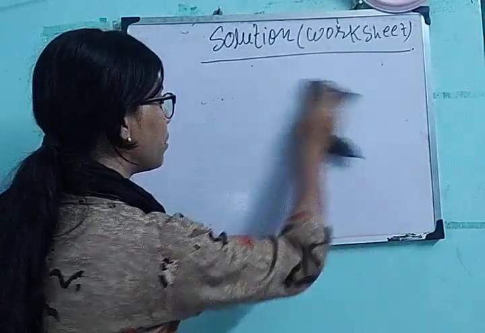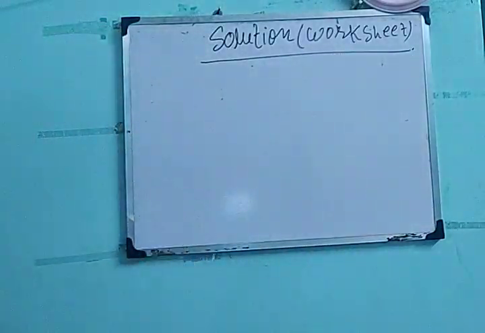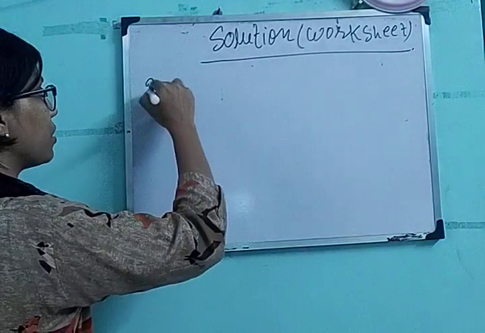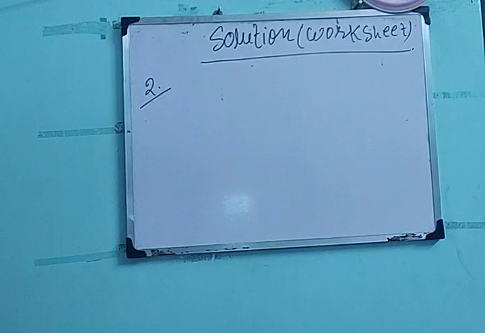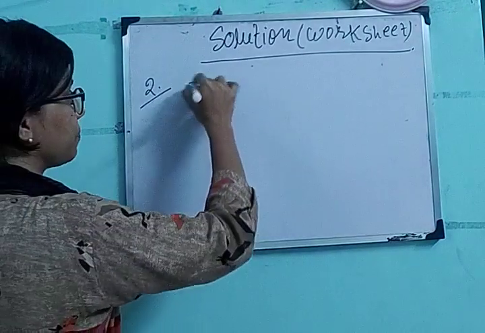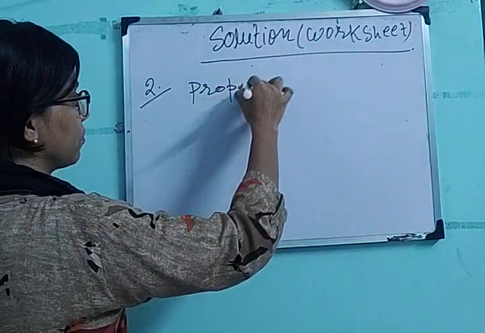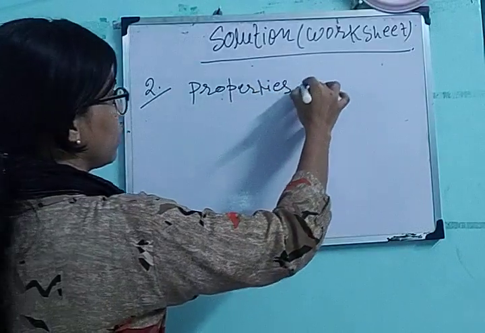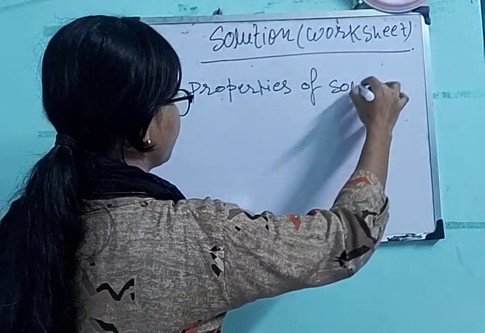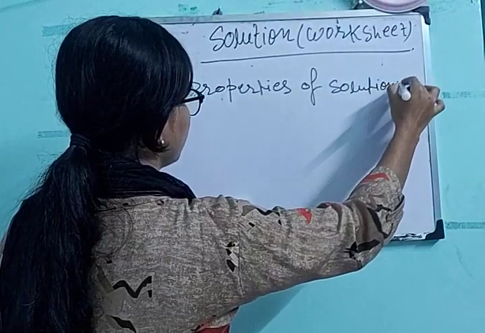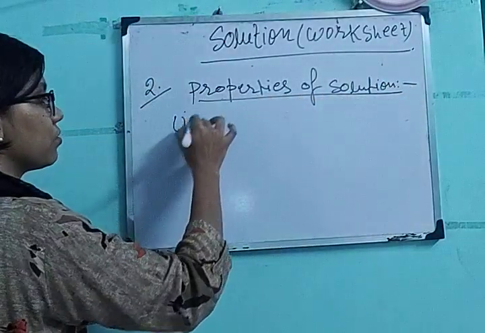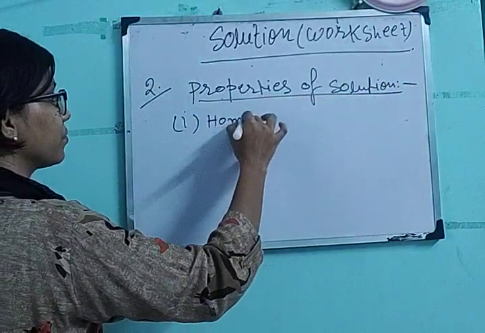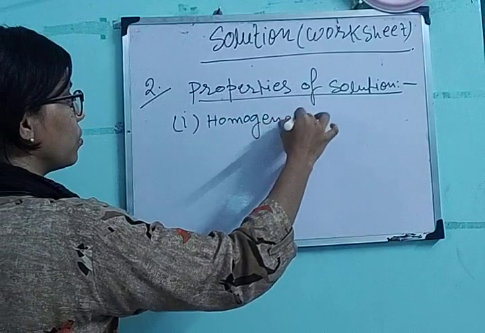One property I have already explained in the definition of solution, that it is a homogeneous mixture. That is the main characteristic of a solution. So the properties of a solution: first, it is homogeneous.